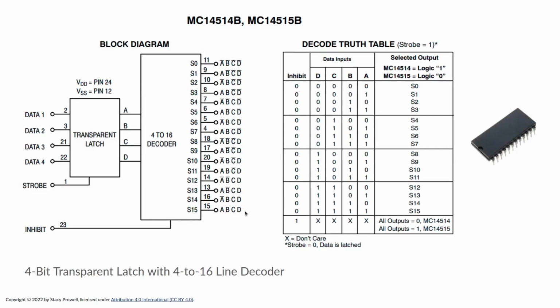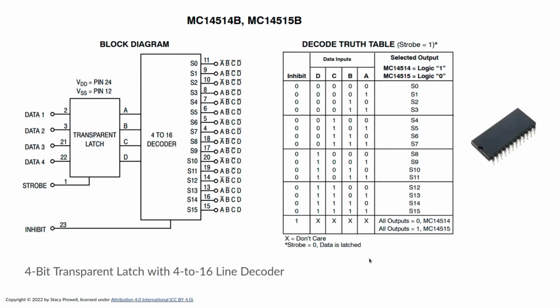And these can get fairly complex. Here is a 4-line decoder. So over here we have 16 lines that could be enabled or disabled. And this is a 4-bit transparent latch with a 4 to 16 line decoder. And there it is, this little package.